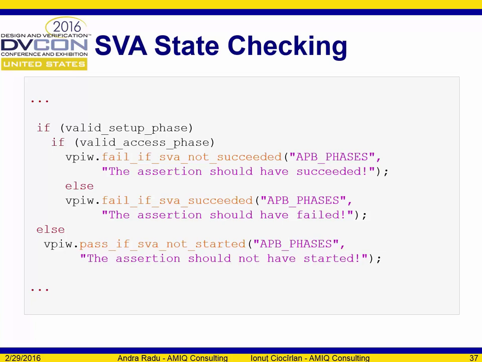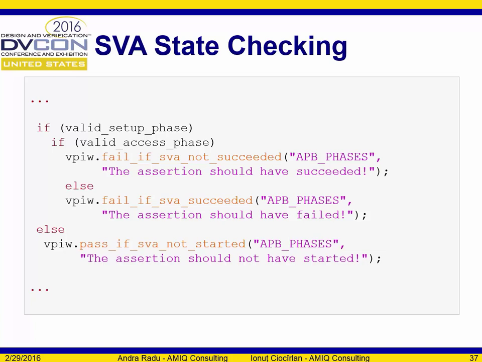If we have valid setup phase stimuli but invalid access phase stimuli, we check that the SVA should not succeed. In this case, we use the paired API, called fail if SVA succeeded. It will stop the simulation if the SVA succeeded at this point.